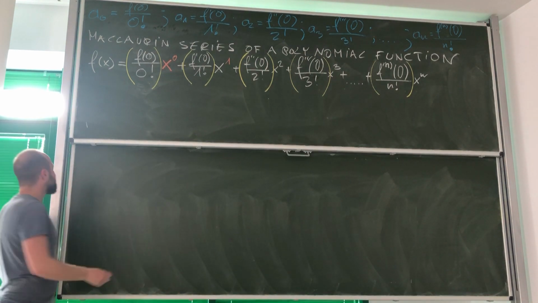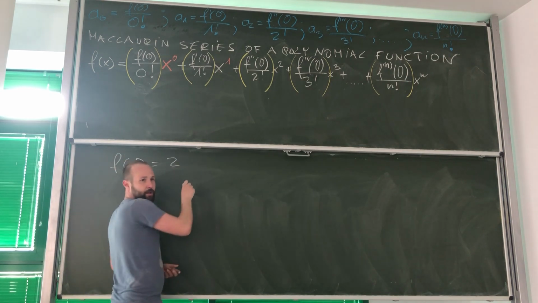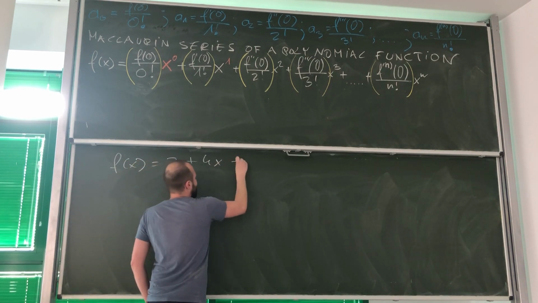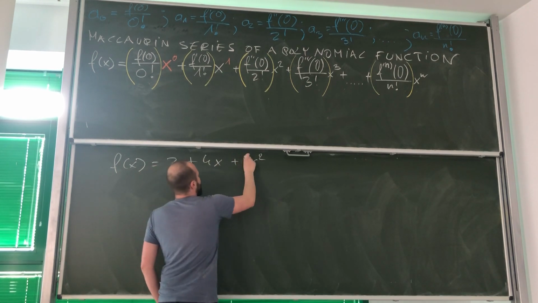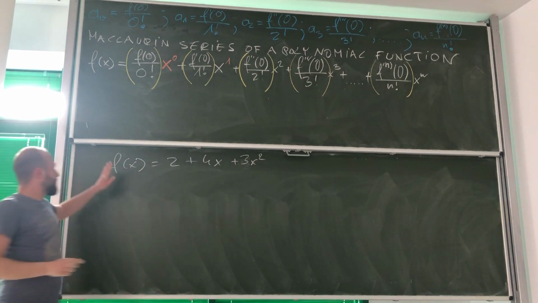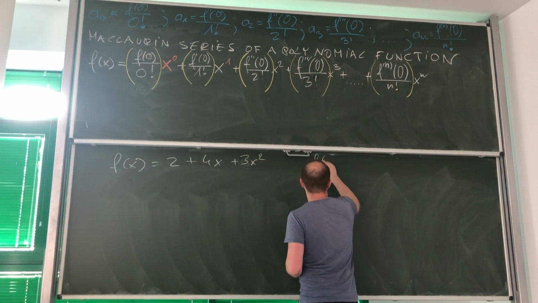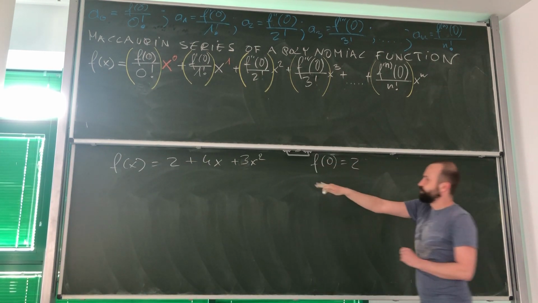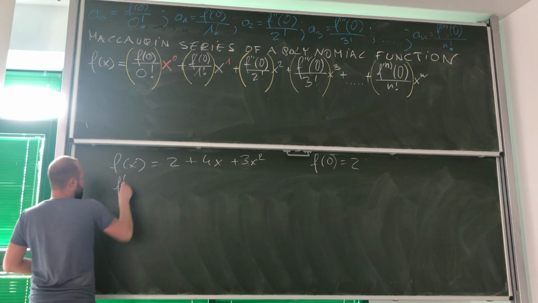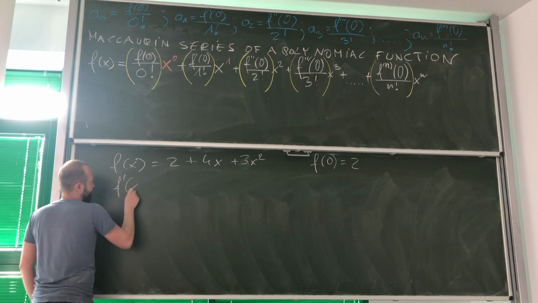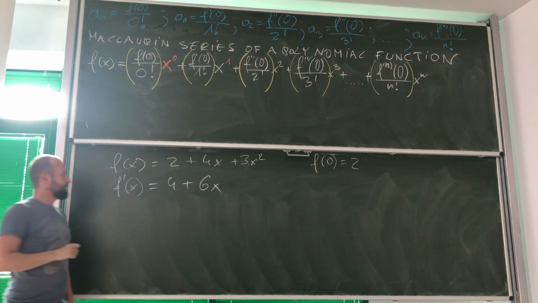So, let's just say that we've got a polynomial function 2 plus 4x plus 3x squared. Okay, so first thing, I evaluate this function at 0, it is equal to just 2. The next thing I do is I calculate the first derivative, right?